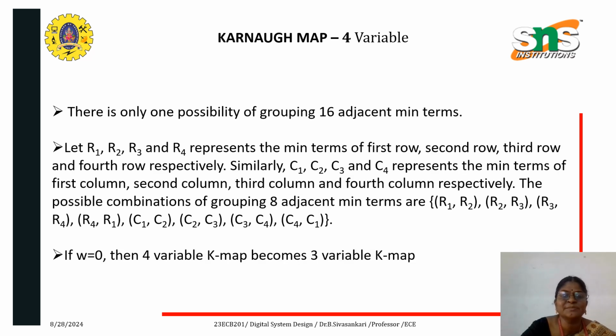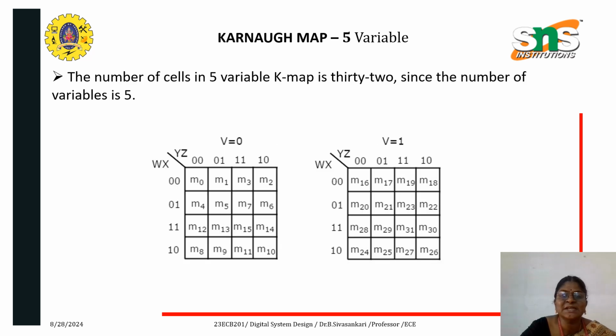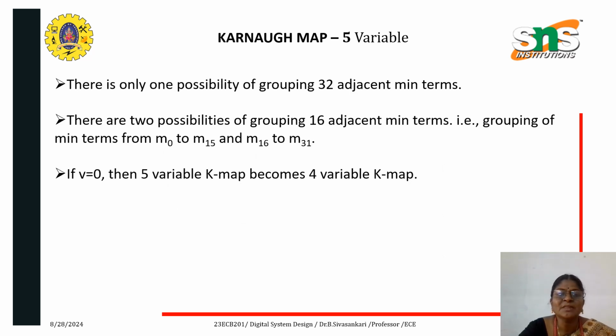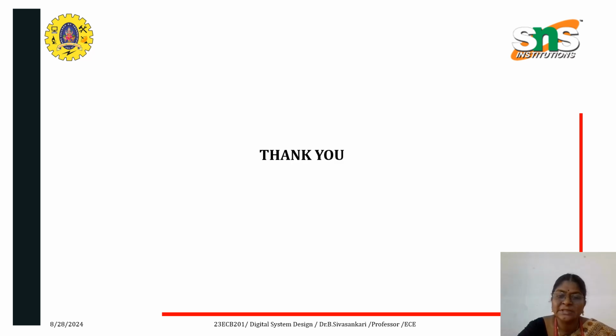There is only one possibility of grouping 16 adjacent minterms. We are also dealing with 5 variable, which consists of two 4 variable maps: V is equal to 0 and V is equal to 1, that is variable 0 and variable 1. There is only one possibility of grouping 32 adjacent minterms. There are 2 possibilities of grouping 16 adjacent minterms. Okay. Thank you.